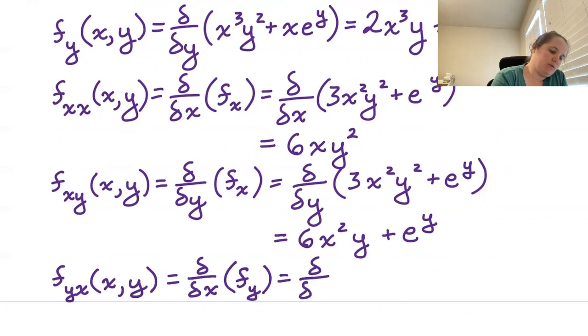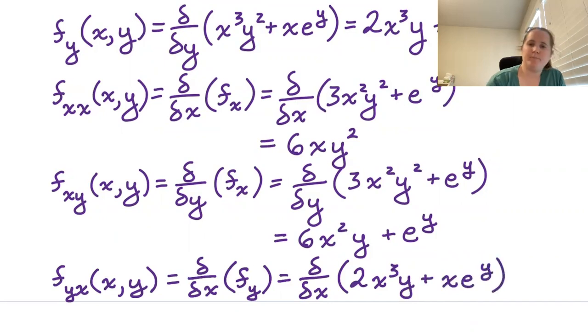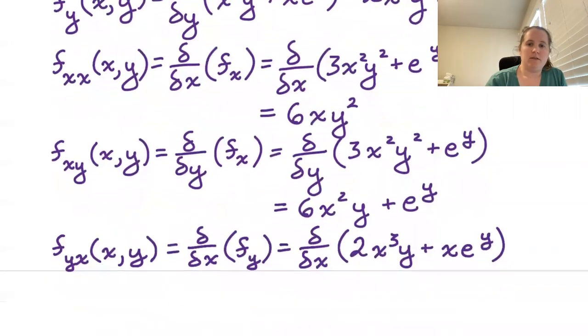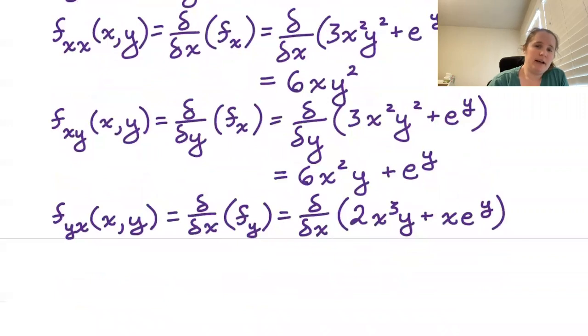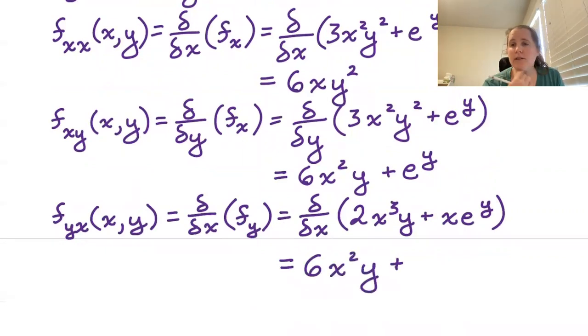Or we have the partial derivative with respect to x of 2x cubed y plus x e to the y. So taking this derivative with respect to x, the x cubed will go to 3x squared. So we get 6x squared y. And then x e to the y, treating y as constant, we would just get e to the y.